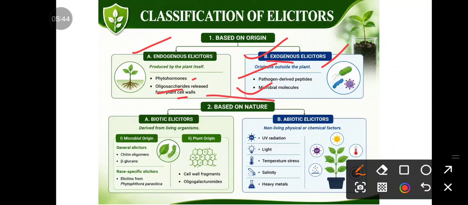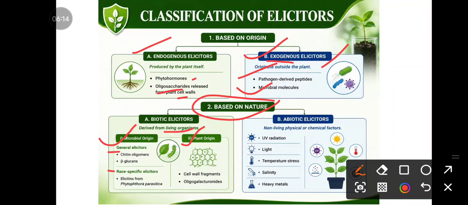Then based on nature, two types of elicitors are there: biotic and abiotic. Biotic means derived from a living organism. It may be derived from microbial origin or from plant origin. Microbial origin elicitors are again subdivided into general elicitor and race specific elicitor.